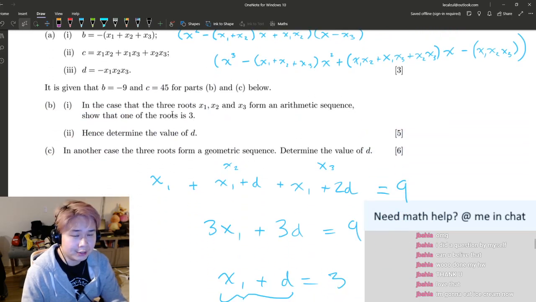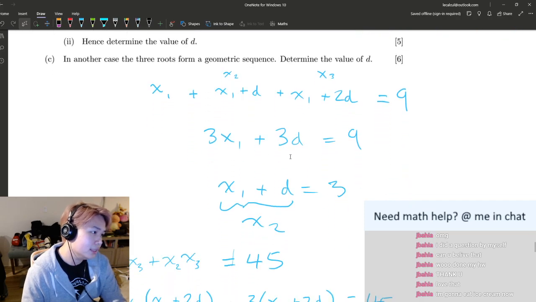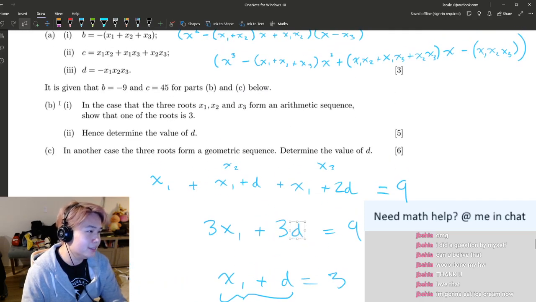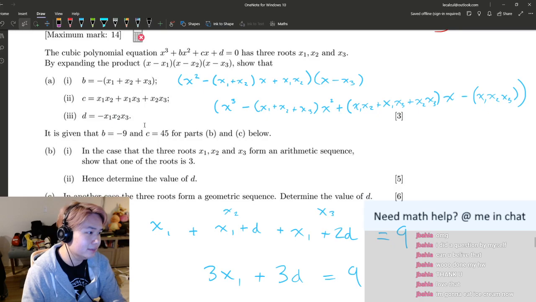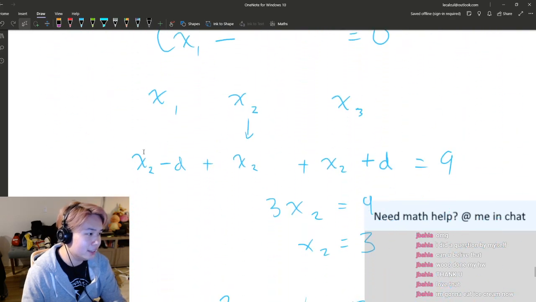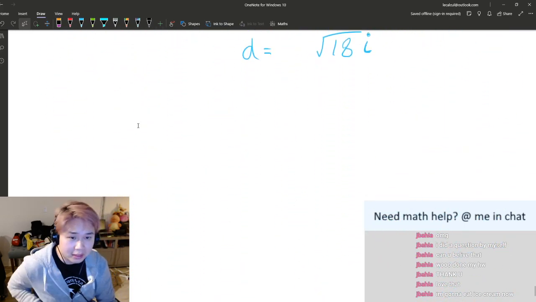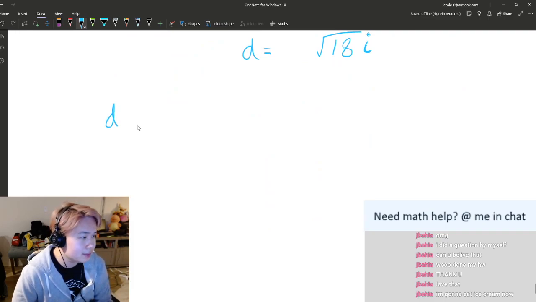Hence determine the value of, oh, this d is the common difference d, which is different than this d right here. But anyways, now we need to calculate the value of the coefficient d. Oh, I guess that's why they use delta in the answer key.